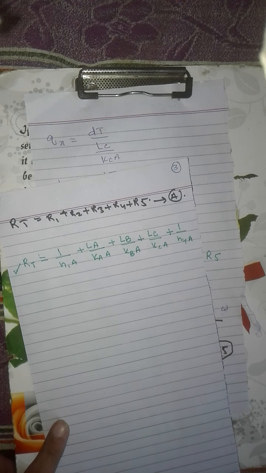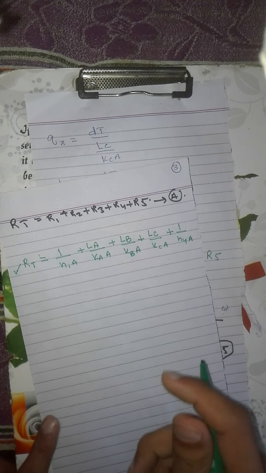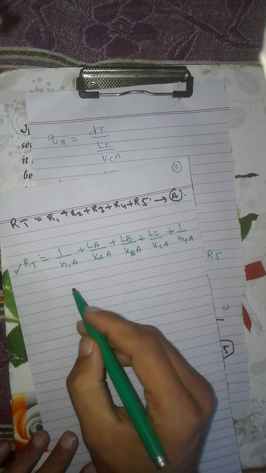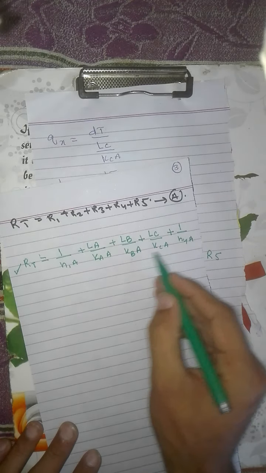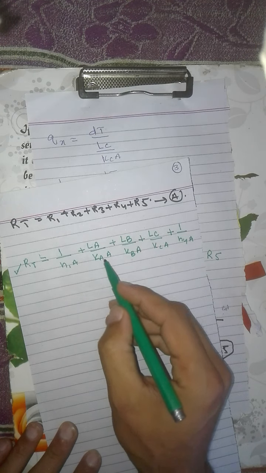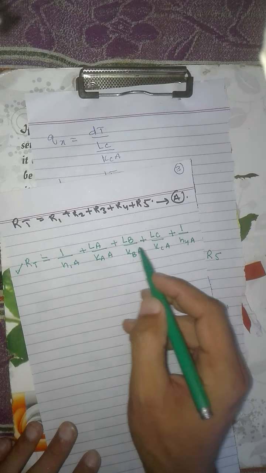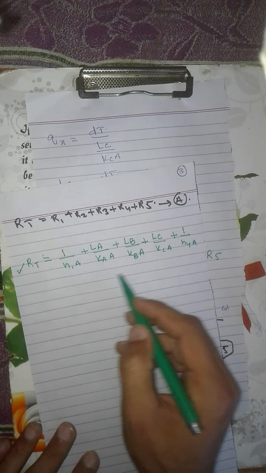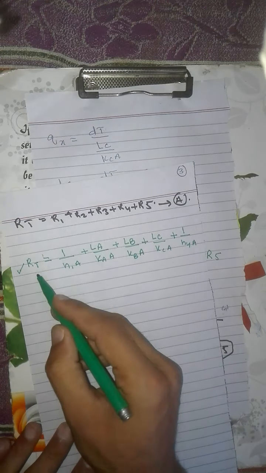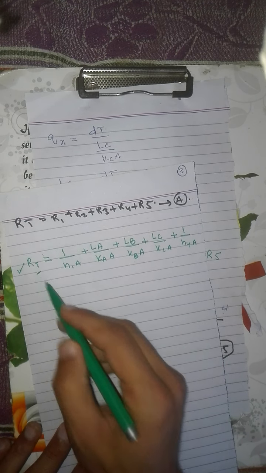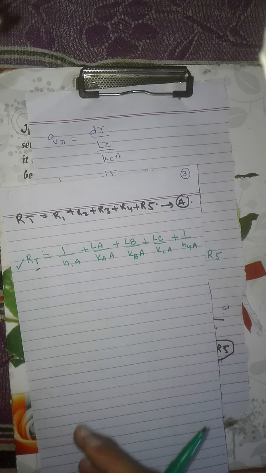Now, for overall heat transfer, the overall heat transfer coefficient can be obtained from these resistances. The reciprocal of the total resistance is known as the overall heat transfer coefficient.